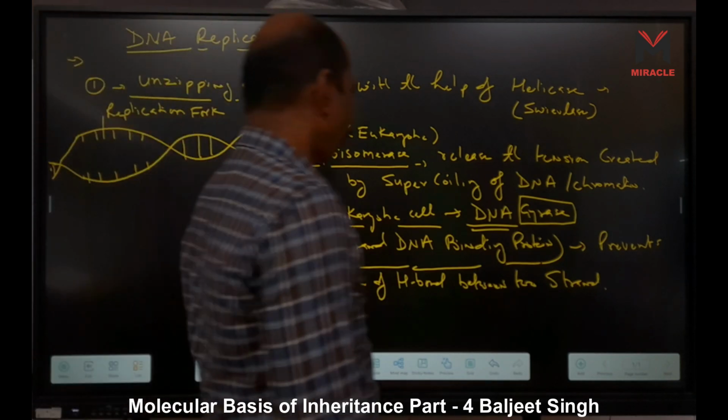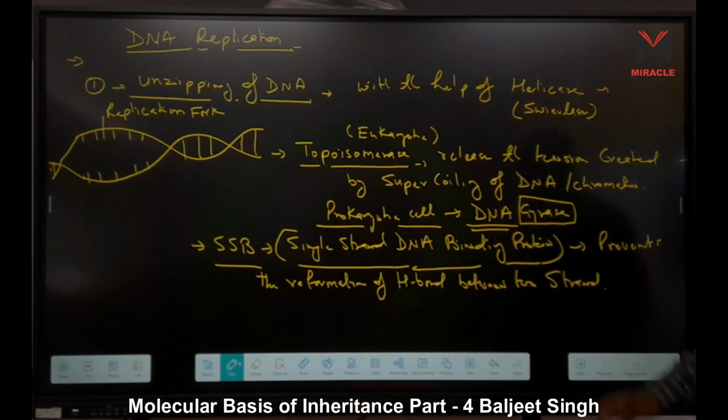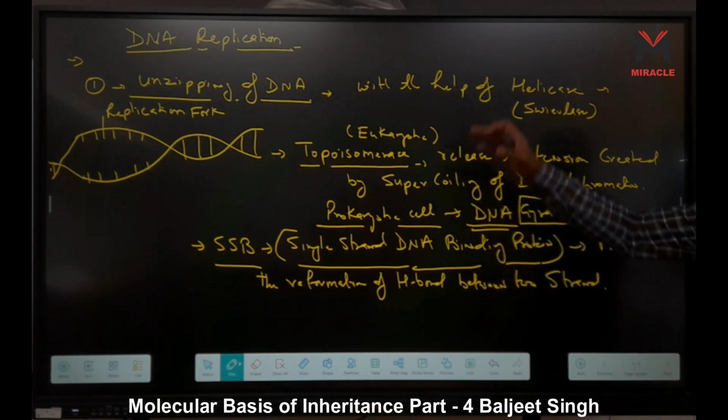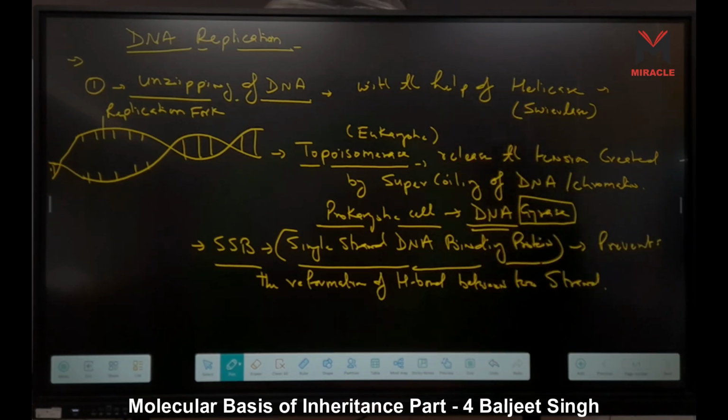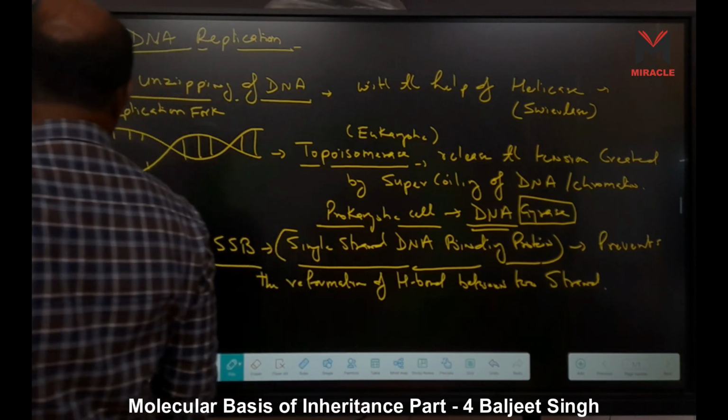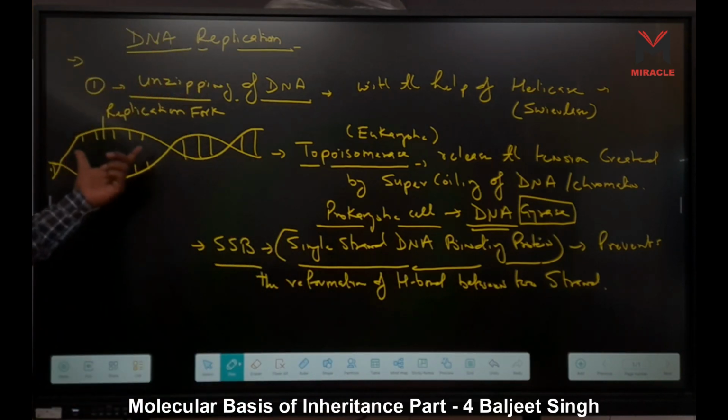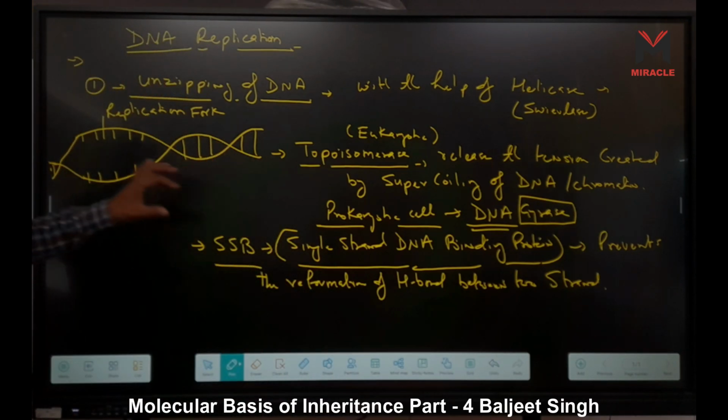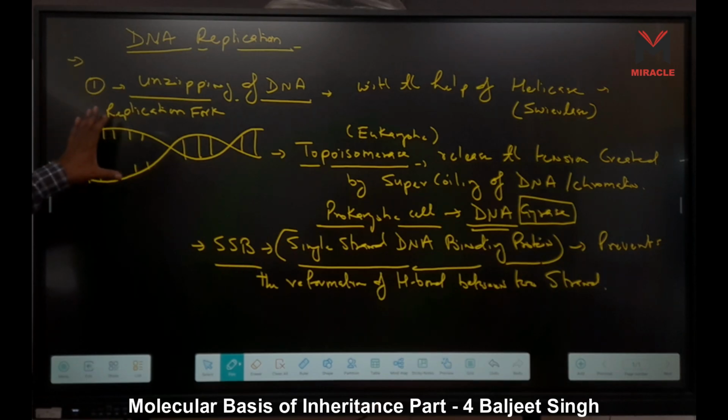Okay. Now you understand, other enzymes are also responsible for the unzipping of DNA. They have some associated work. This is the first step, the unzipping of the DNA. Who is responsible here? Helicase enzymes. With the help of helicase, these hydrogen bonds are broken down, right?